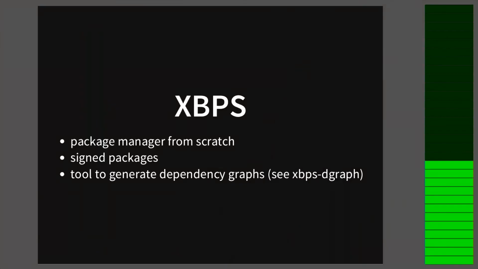And we have our own package manager, which is called XBPS. XBPS is a package manager from scratch. We are signing every package which is loaded from remote sources. If you have a local repository, you can also do unsigned packages. It's an ordinary package manager, but we still have some cool tools, like we can generate nice dependency graphs using the dot format, which can be seen here.